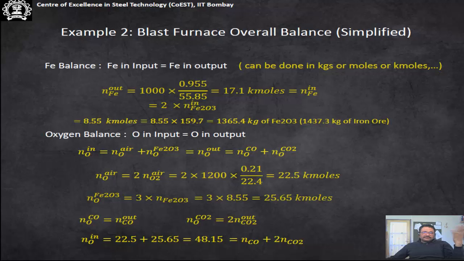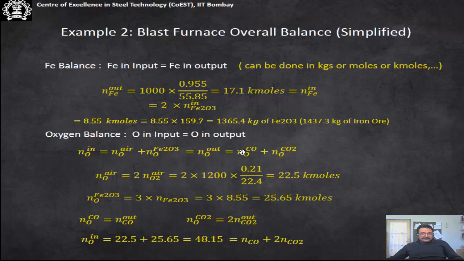So whatever oxygen comes in, I am going to count in terms of O. That's why I put N_O,air: the number of moles of O atoms in air plus the number of moles of O atoms in Fe2O3 is the input, and that should be equal to the number of moles of O in CO plus the number of moles of O in CO2.